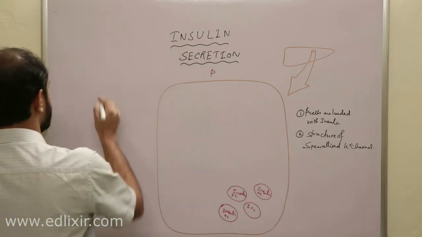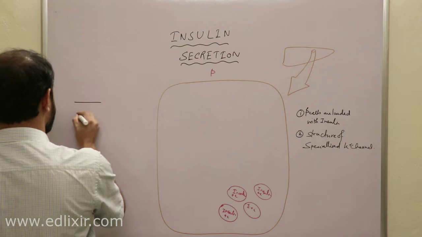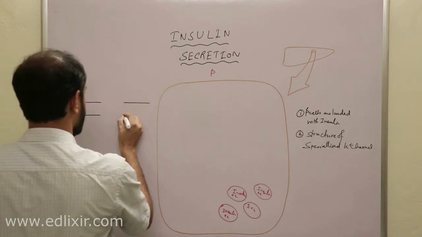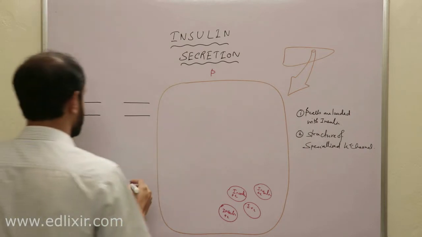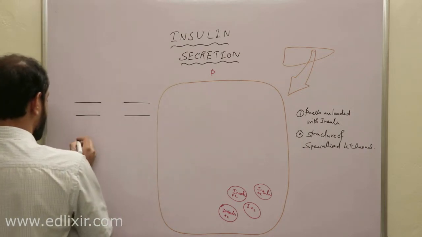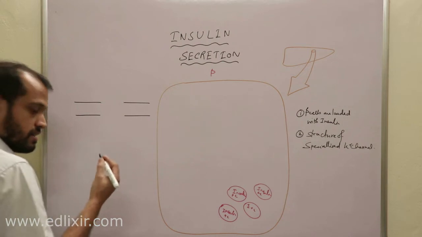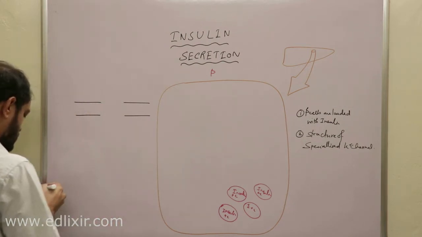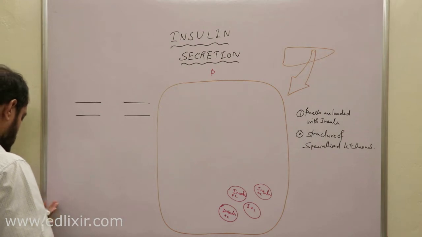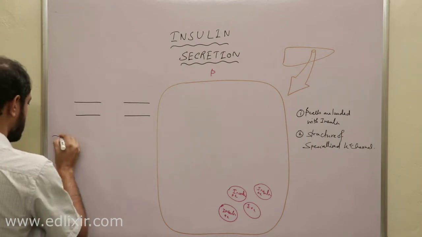Now listen, suppose this is the cell membrane, and now we are going to discuss the potassium channel which will be present here in the cell membrane of the beta cell. Now listen with all your attention. Every potassium channel in this world looks like this.